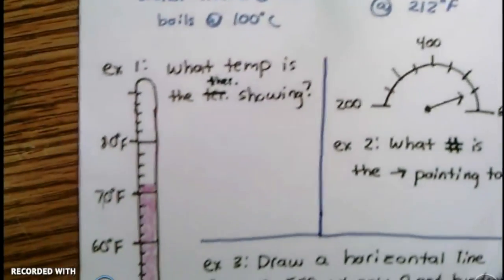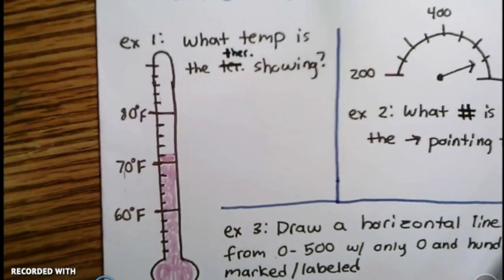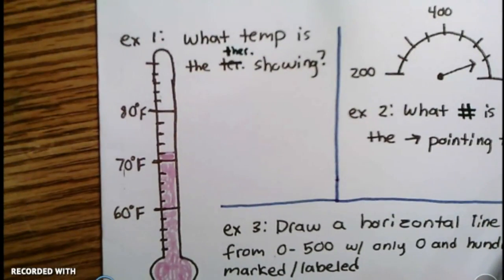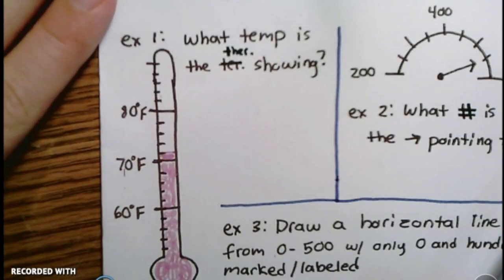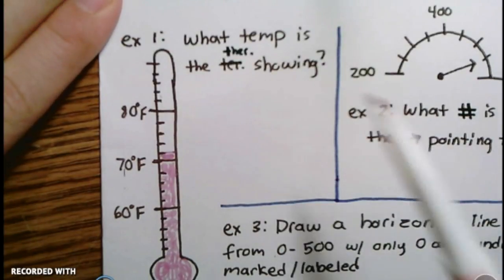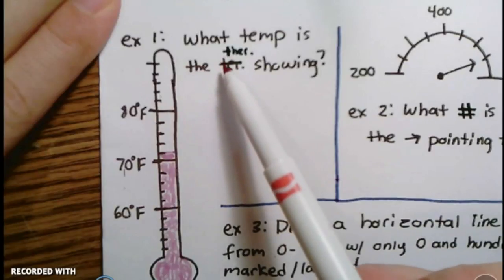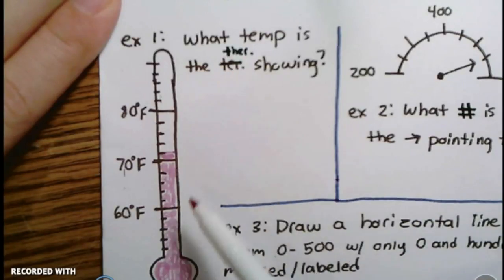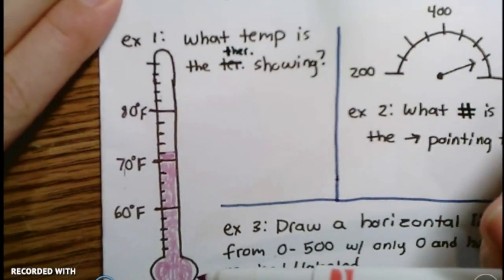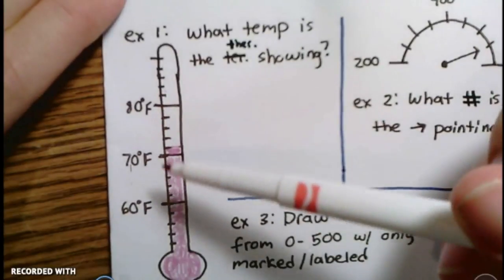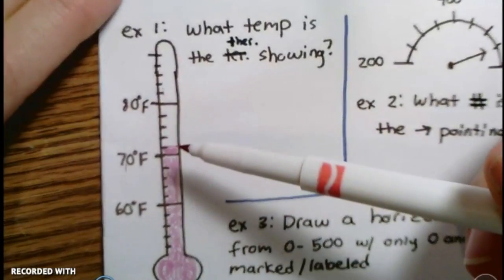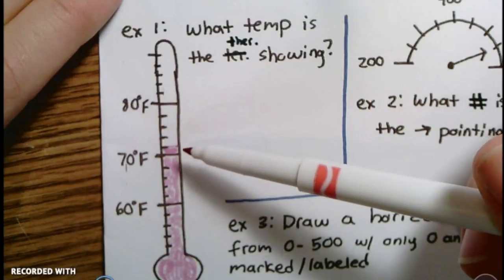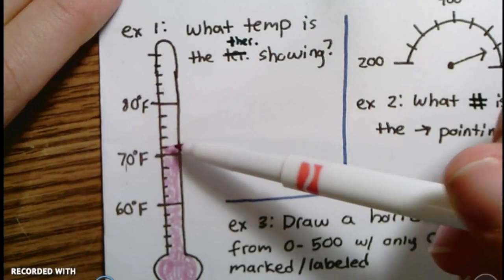Let's look at an example. Example number 1. What temperature is the thermometer showing? On your sheet it said TER, it's supposed to be THER. So, thermometer showing, here we go. We have a thermometer here, and there's a scale on the side, and then we have it filled in up to this point. So we have to figure out what this line represents.